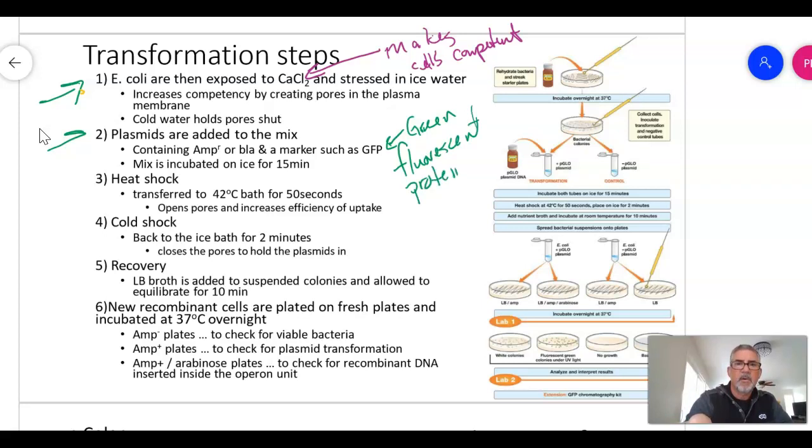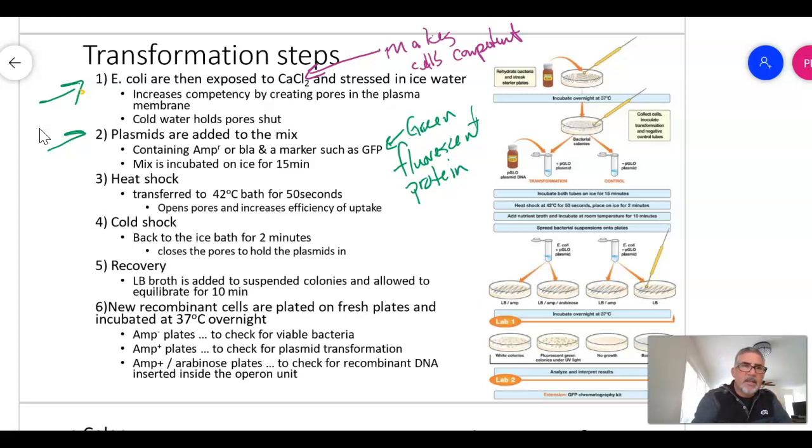Right, so I got my green fluorescent protein marker, and that's hidden, remember, in my bad operon, right? And I'm going to put that on ice for 15 minutes. So I'm going to cold stress it here, right?